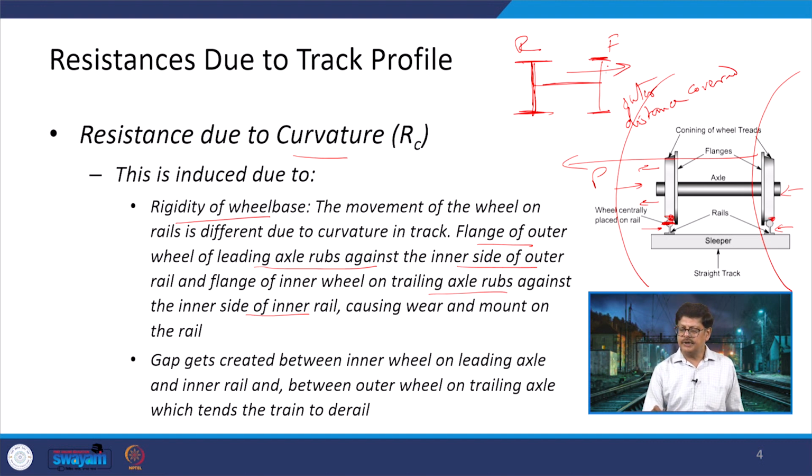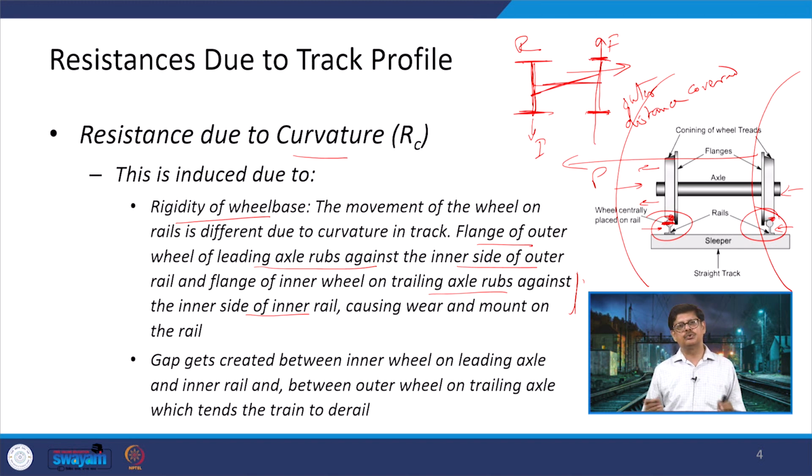Now, you are trying to negotiate these wheels on the rails, and because the force is acting, this force has taken it outwards, but the shift will come here because of this rigidity, and this will move to the inner side. And that is the reason why the trailing axle is rubbing against the inner side of the inner rail.